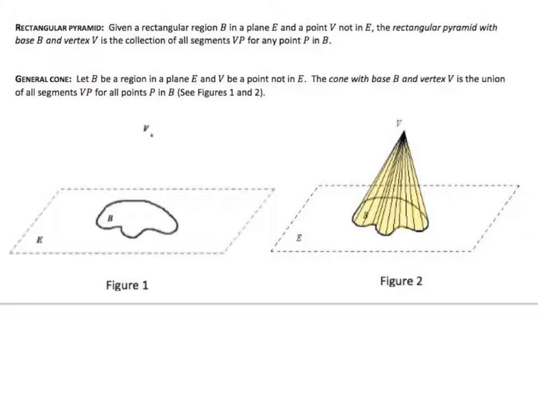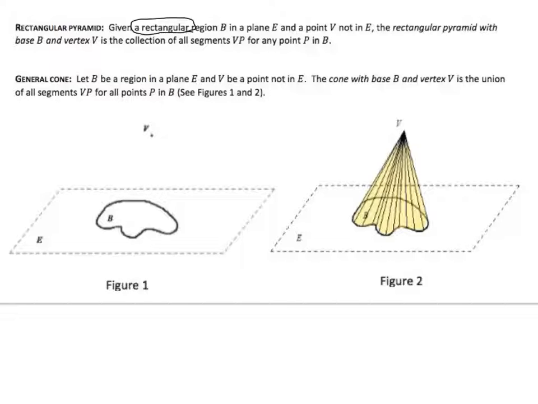Okay, here I have a rectangular pyramid. Given a rectangular region B in a plane E and a point V that's not in E, the rectangular pyramid with base B and vertex V is the collection of all segments VP for any point P in B. But I need a rectangular region.